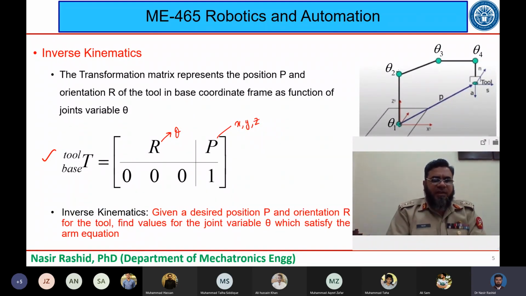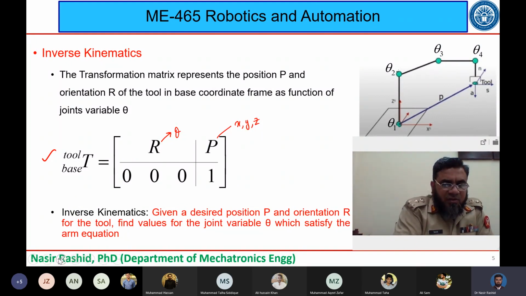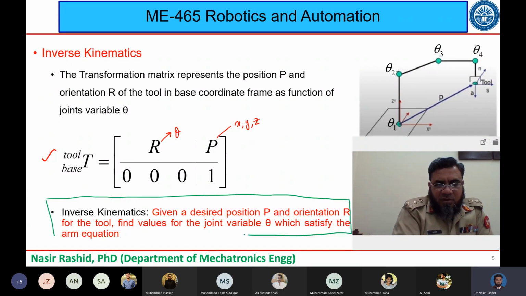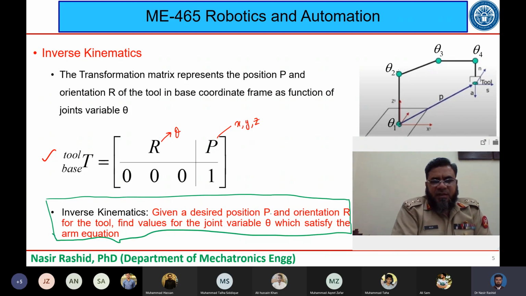So how do we now define inverse kinematics? You can see here that this is the definition of inverse kinematics. Given a desired position P and orientation R for the tool, find values for the joint variables theta which satisfy the arm equation. And what is the arm equation?